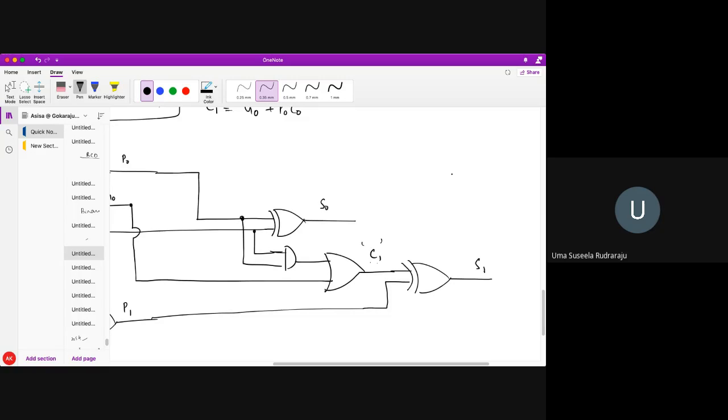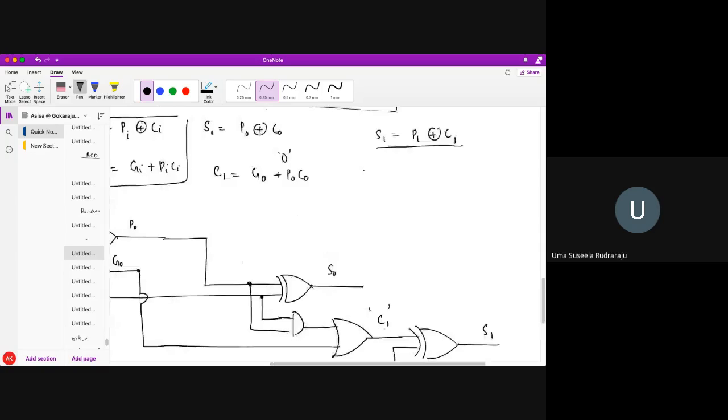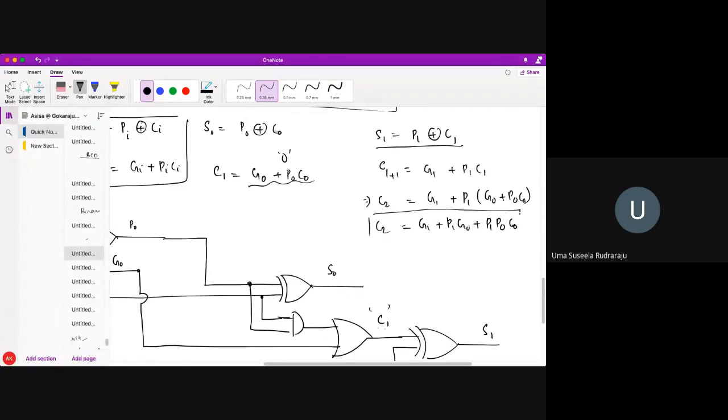Now tell me, what is my next carry C2? C2 is nothing else but G1 plus P1 C1. As we know, C1 is G0 plus P0 C0, so C2 is G1 plus P1 G0 plus P1 P0 C0. Do you all understand? This is my C2.